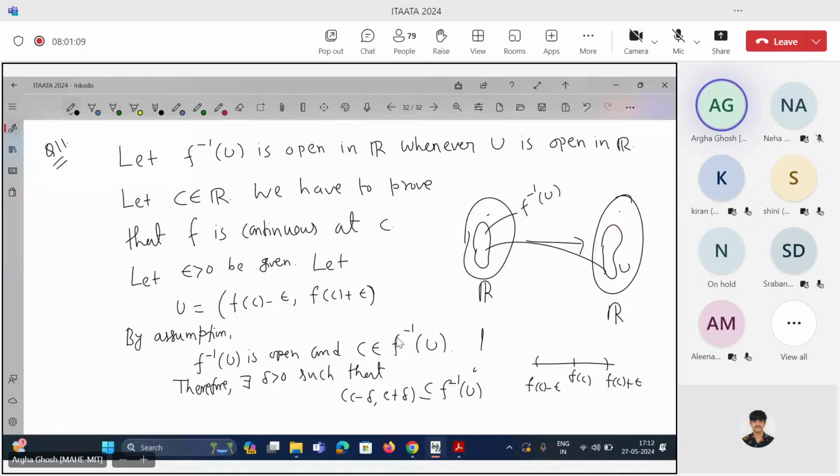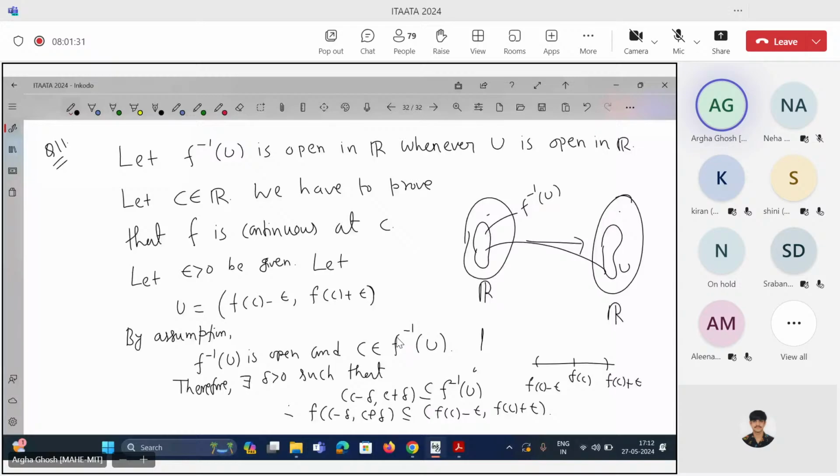And you can clearly see that F of (c - delta, c + delta) is now a subset of (f(c) - epsilon, f(c) + epsilon). So thus F is continuous at the point c.